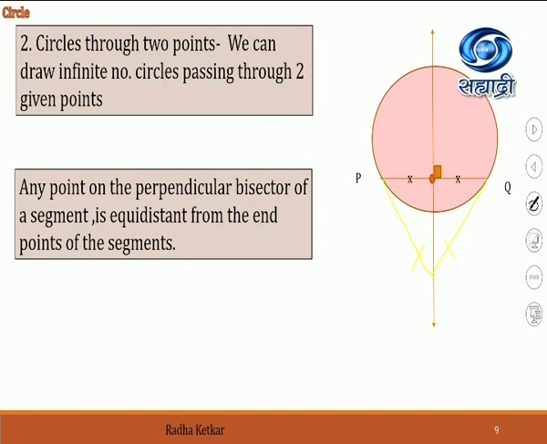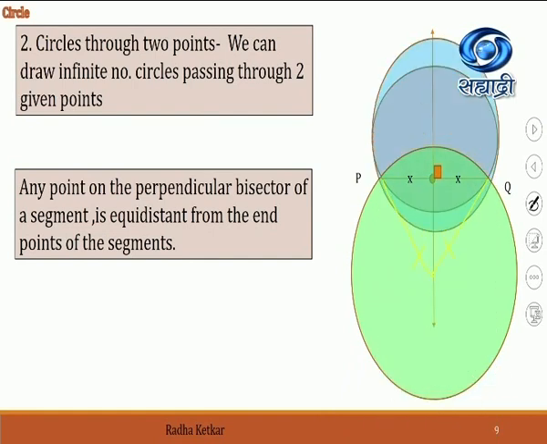You can try it for any point on this perpendicular bisector. This is the property we are going to make use of. You can continue and have multiple such circles drawn from the given two points. For the construction, you draw the perpendicular bisector for the segment joining the given points P and Q.